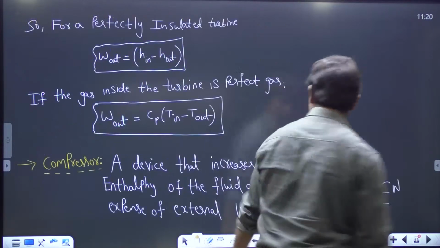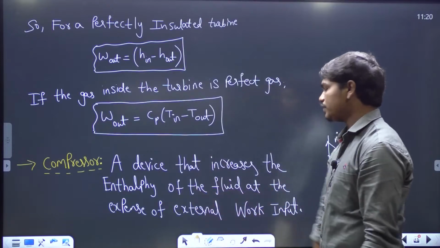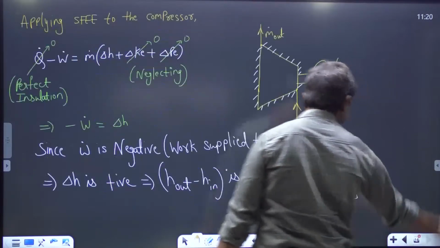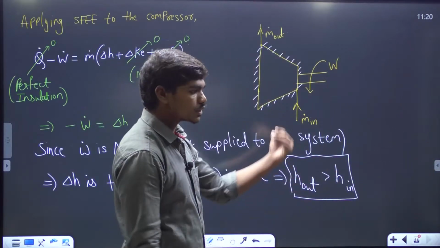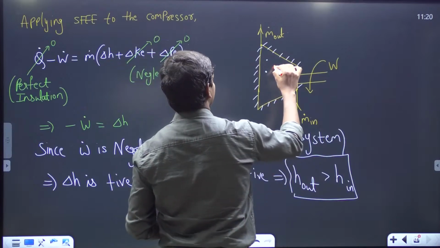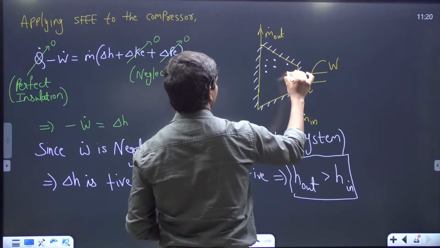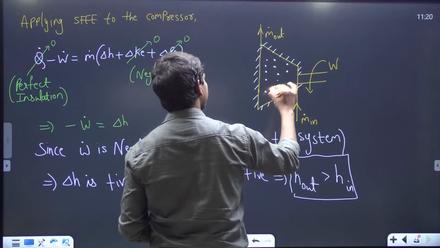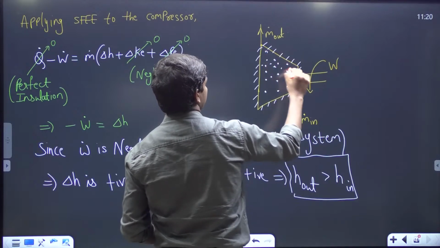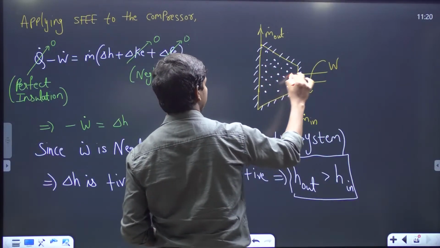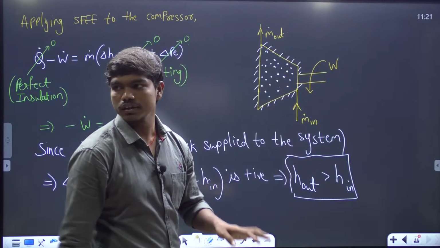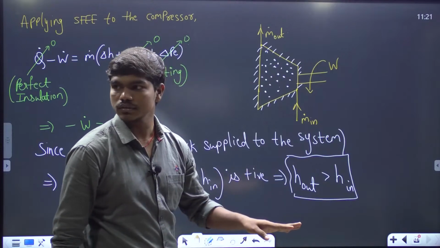Correct? So that's why it is a device that increases the enthalpy of the fluid at the expense of external work input. So by taking in some work from external sources, from the surroundings, it tries to increase the pressure energy of the system. So again, you can apply all adiabatic laws here, because generally we are not allowing any heat interactions to occur. Correct? So clear to this? If you all are clear with this, we'll go for the next application.